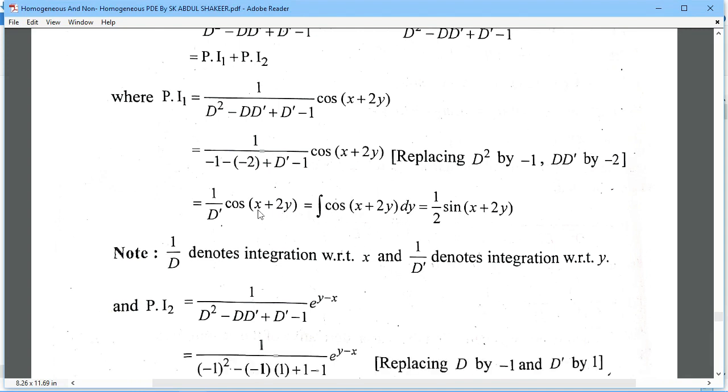So integrating cos(x + 2y) with respect to y, we get sin(x + 2y) whole upon 2, because the x derivative is 0 and the 2y derivative is 2.